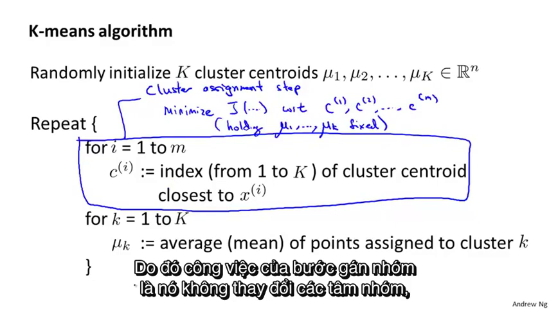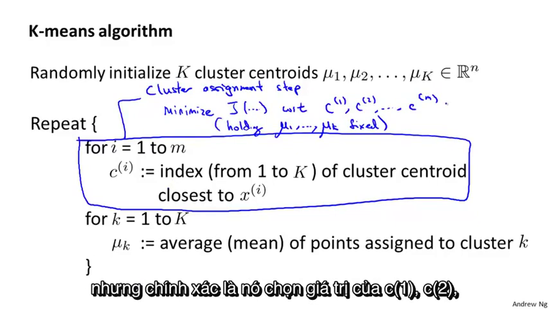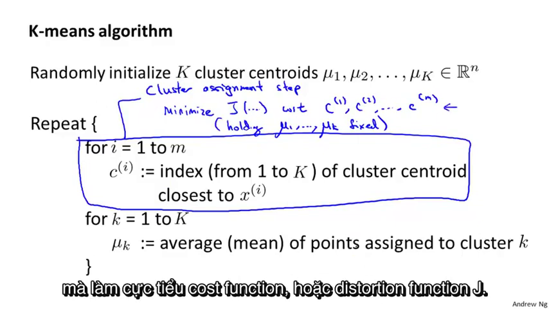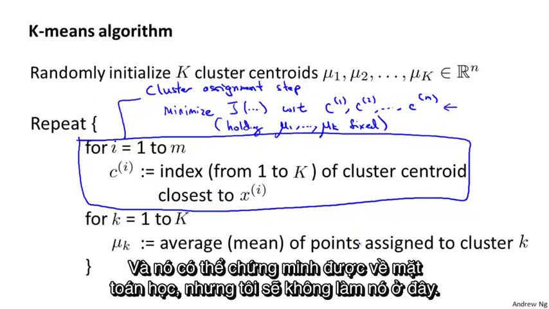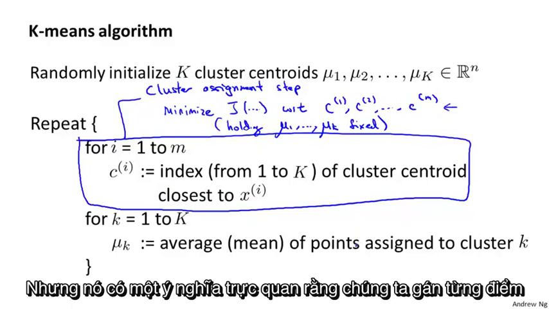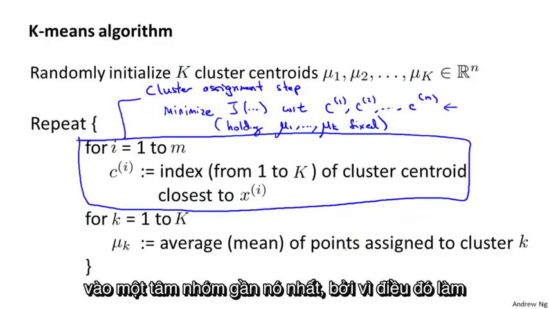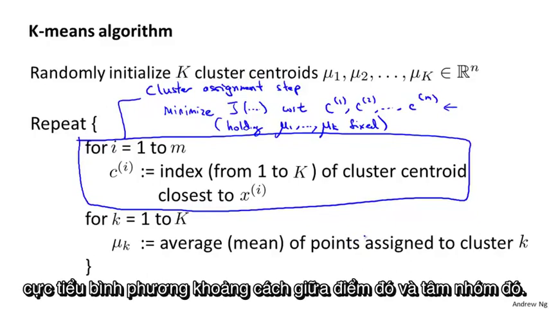So what the cluster assignment step does is, it doesn't change the cluster centroids, but what it's doing is exactly picking the values of c 1, c 2 up to c m that minimizes the cost function or the distortion function J. And it's possible to prove that mathematically, but I won't do so here. But it has a pretty intuitive meaning of just, well, let's assign each point to the cluster centroid that is closest to it, because that's what minimizes the squared distance between the point and its corresponding cluster centroid.